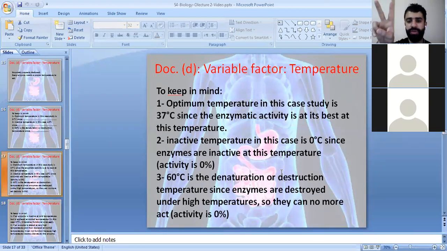You have to know both terms. So at high temperature, the enzyme is denatured or destroyed. Best or optimum temperature is 37. Inactive temperature is 0 because the enzyme is inactive at 0. And 60 degrees is called the denaturation or destruction temperature, since the enzymes are destroyed at high temperature.